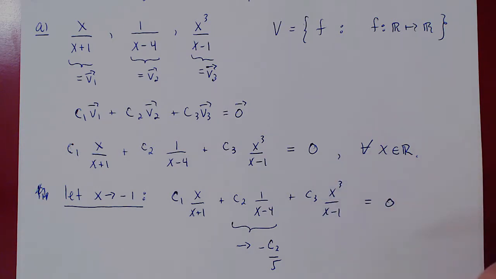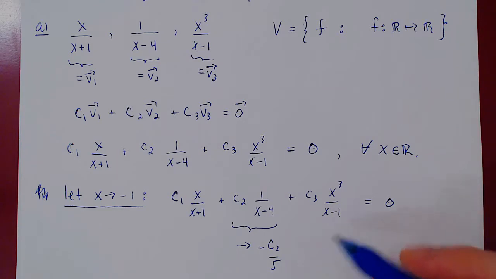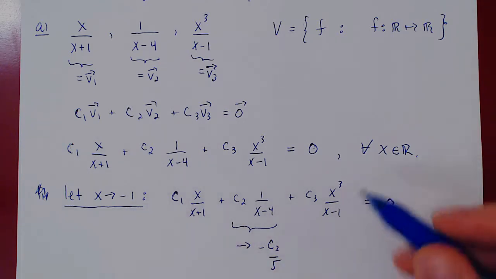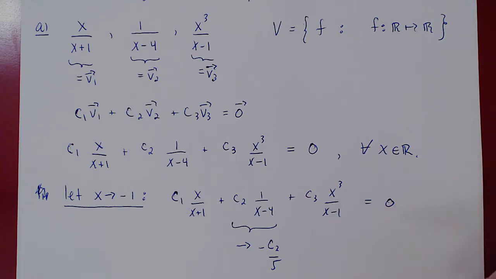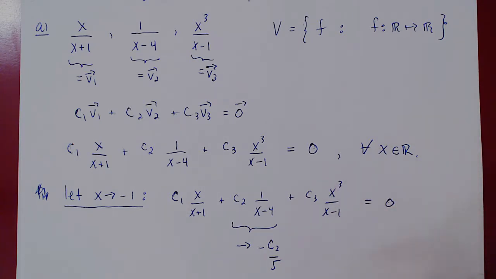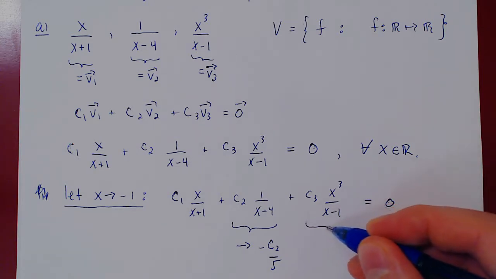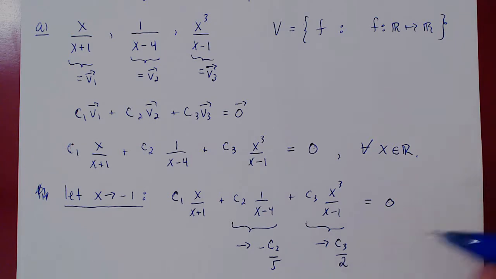The same goes for our third rational function. As x approaches -1, x cubed approaches -1, and the denominator approaches -1 minus 1, which is -2, and we'll get -1 over -2, therefore positive 1/2. And so this term will approach c3 over 2, which is also a fixed constant.